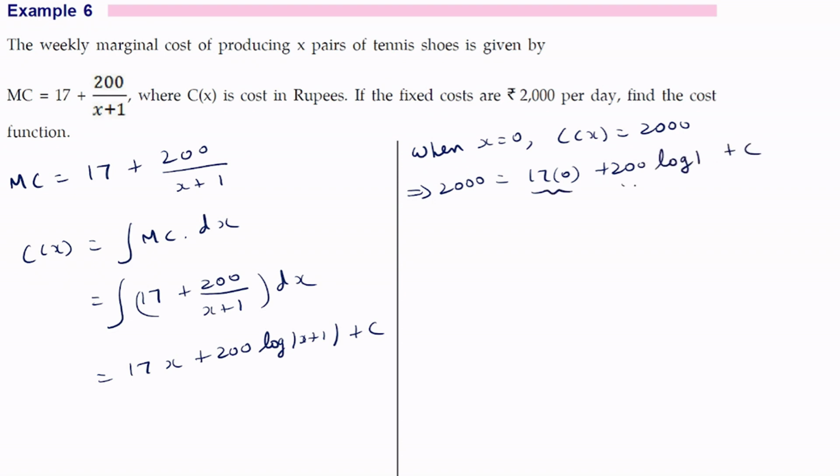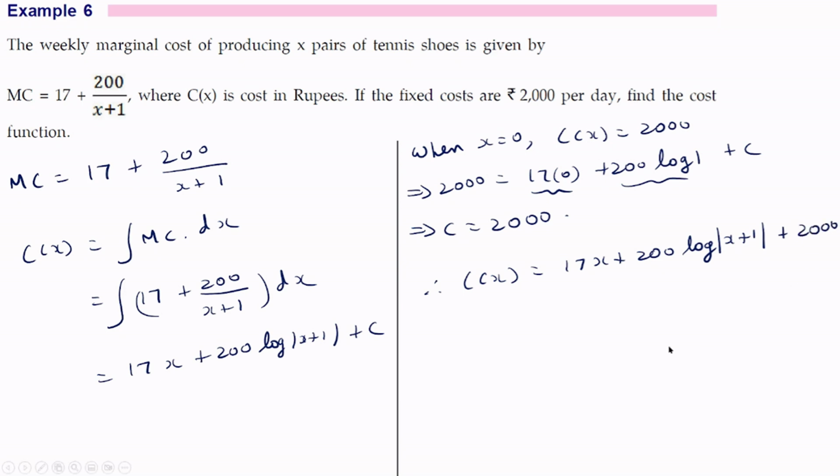So this is 0, log 1 is 0. So from this we get c as 2000. Therefore, the total cost function is given by 17x plus 200 into log mod x plus 1 plus 2000. So this is the total cost function.